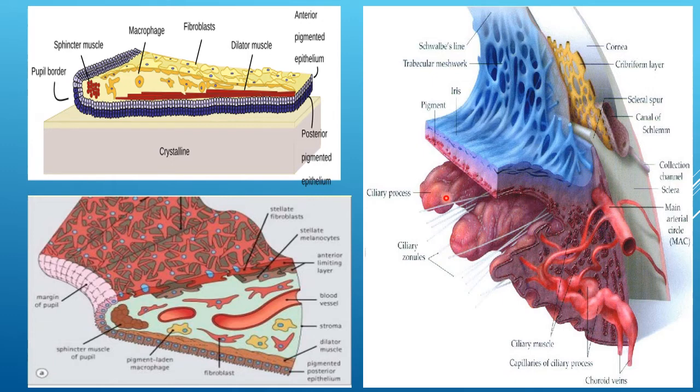This is a very interesting picture where you can see the ciliary processes, and from here these thread-like zonular fibers are attached, and on their inner side you can see the ciliary muscles. They are present in the ciliary body, and you can appreciate the entrance of blood vessels into the choroid.